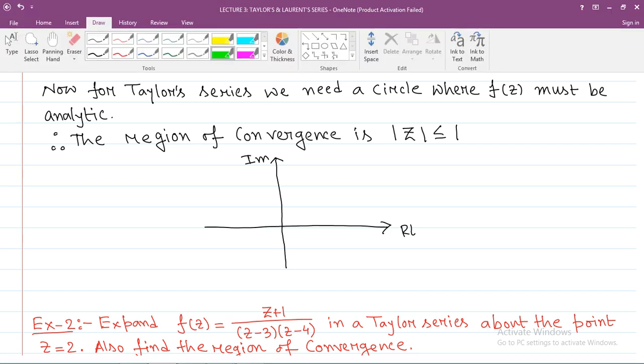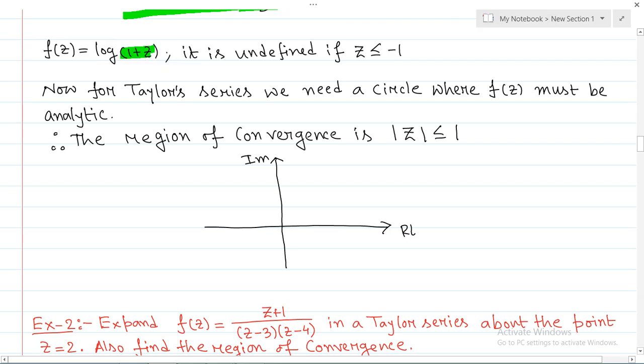So if we cannot go from -1 onwards, what will be the structure of the circle? The circle is centered at the point z equal to 0. Here it is -1. To make a circle, we have to take a uniform radius, that is +1. We cannot go beyond +1, and we cannot go from -1 onwards on this side, and also we cannot touch -1.